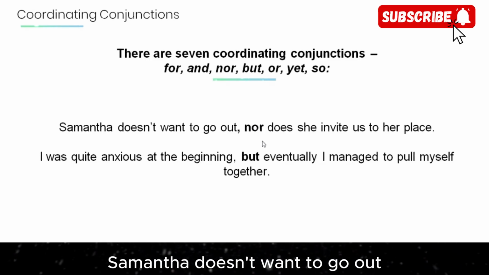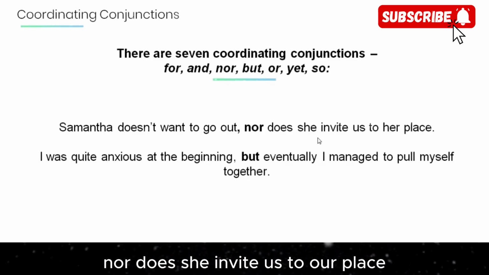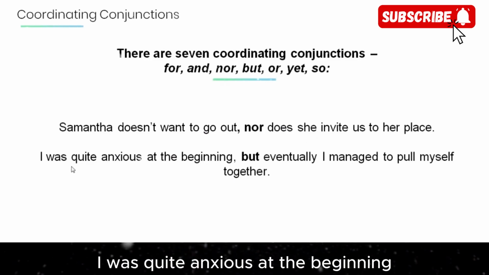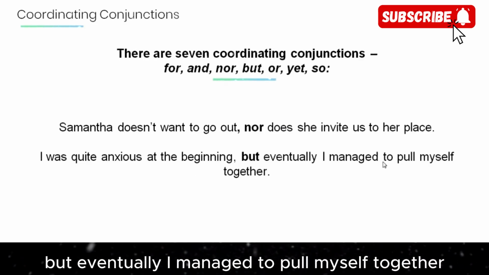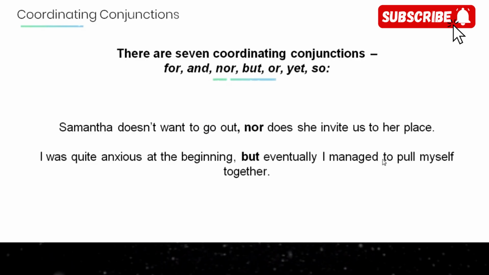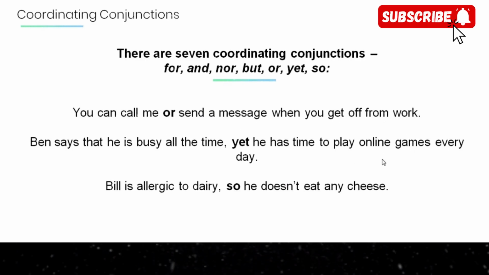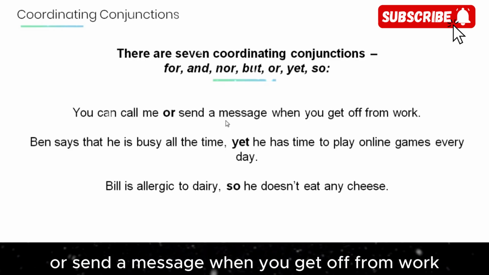Samantha doesn't want to go out, nor does she invite us to her place. I was quite anxious at the beginning, but eventually I managed to pull myself together. You can't call me or send a message when you get off from work.